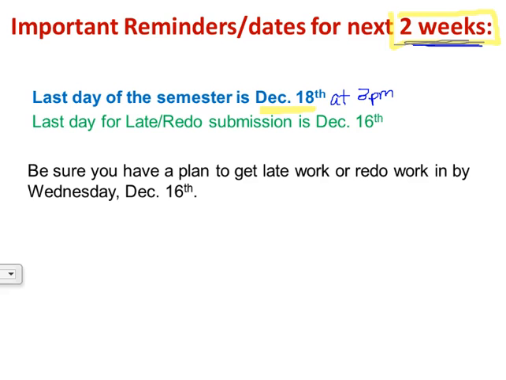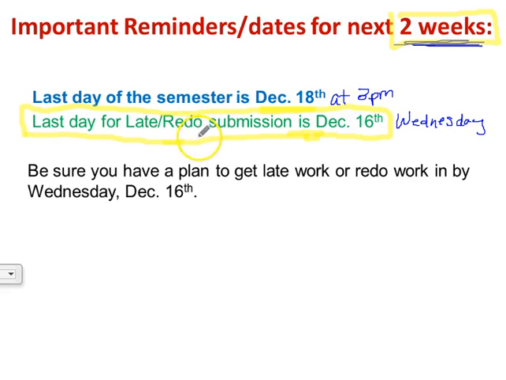And this is the really important one. The last day for turning in any late or redos is December 16th. So I will not accept late or redo work after December 16th. That's next Wednesday, guys. So please have a plan if you're working behind in the class to get caught up by then, or if you wanted to redo assignments to get your grade to a certain grade, that you do that.